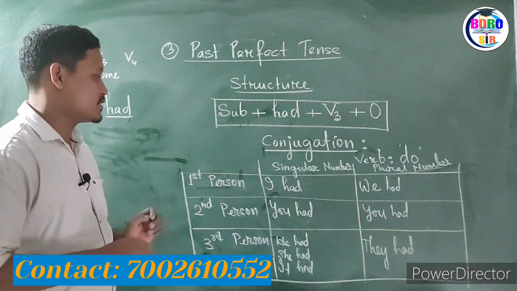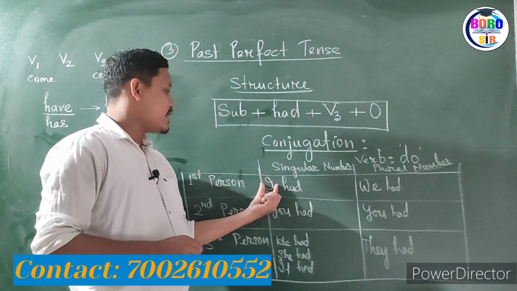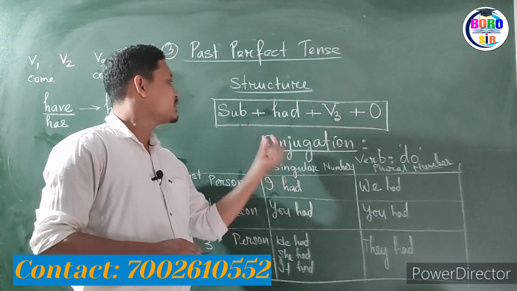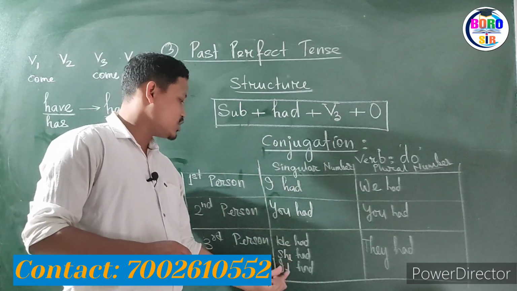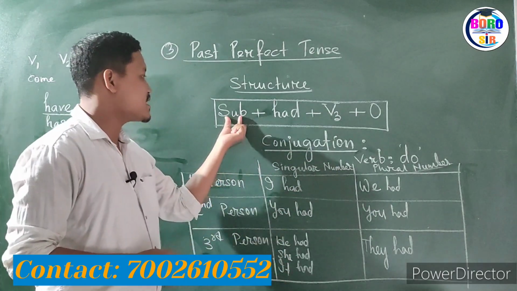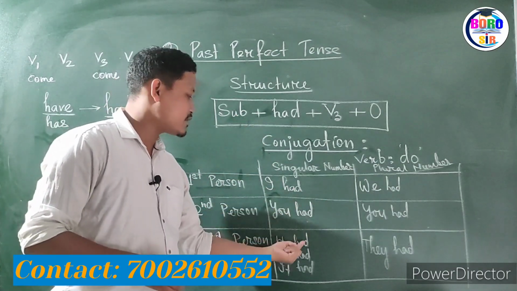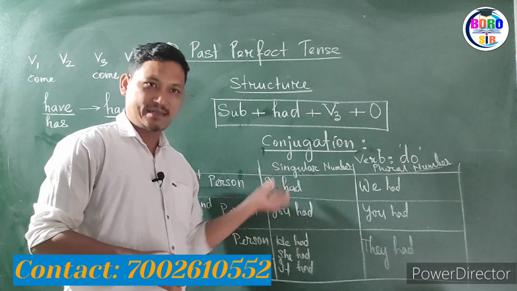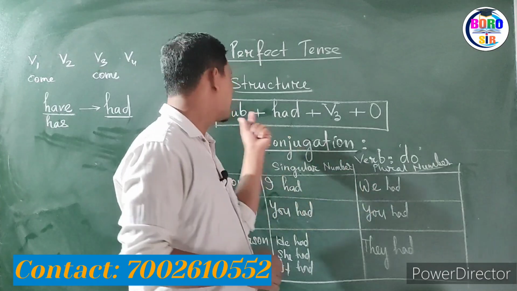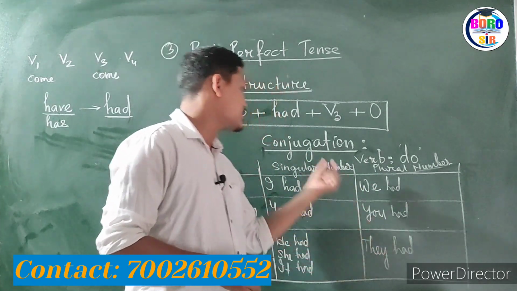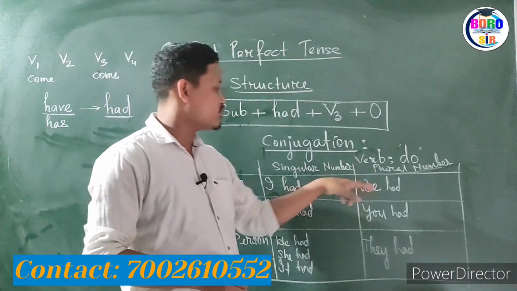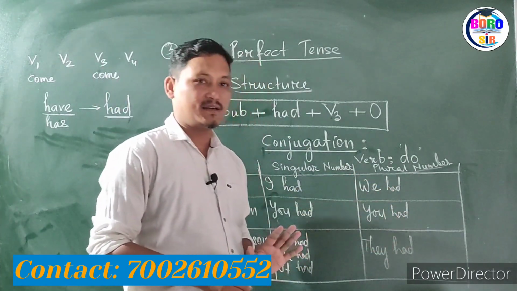So I had. I is the subject here. You is the subject here. He, she, it are the subjects here. And we have written the auxiliary verb had here. Here also we is the plural subject, you is the plural subject, and they is also the plural subject. And we have written had here.